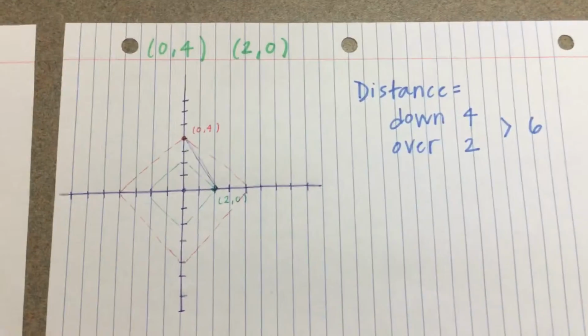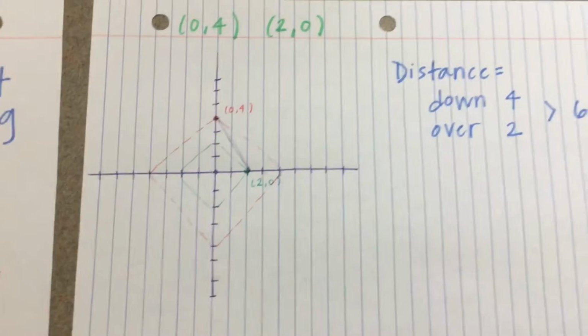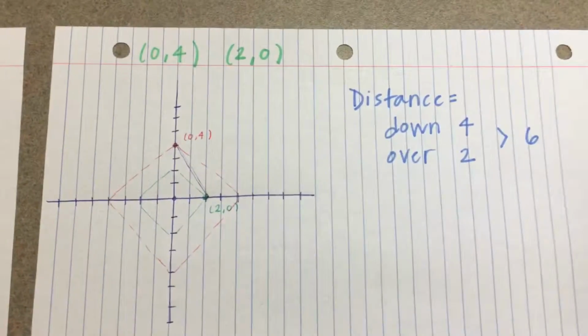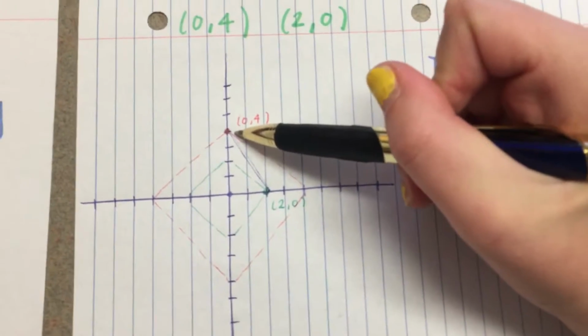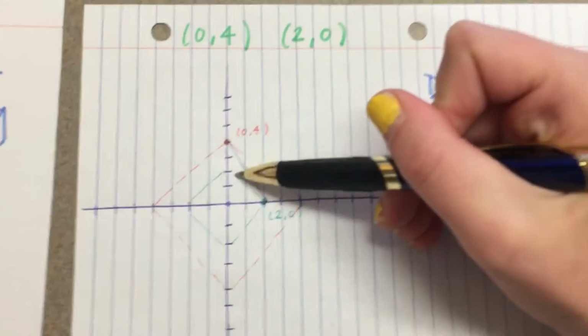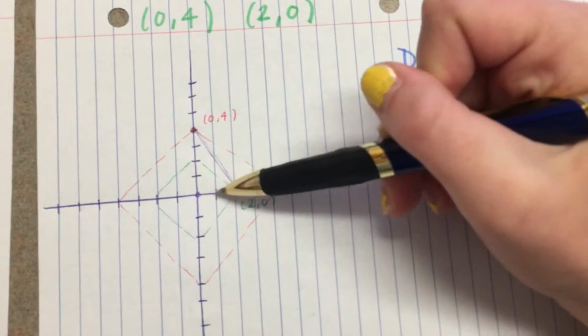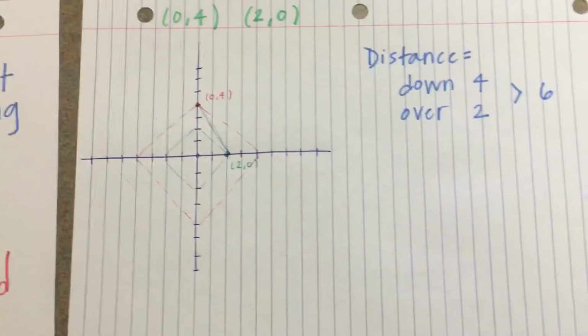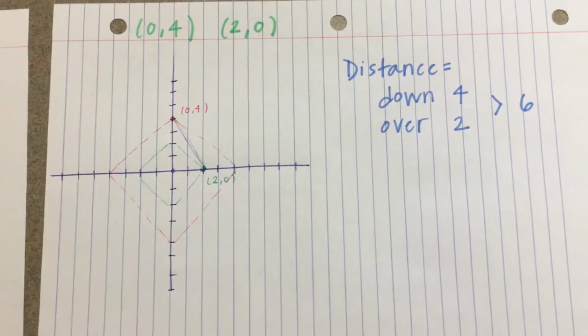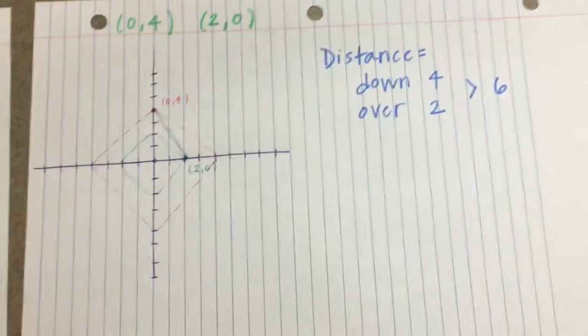Within Etch-a-Sketch, to measure the distance, you just count the number of spaces it takes to get from one dot to the next. So here we start at 0, 4, and we go down 1, 2, 3, 4, and over 2, 5, 6, to get our distance of 6. So between the point 0, 4 and 2, 0, the distance is 6.